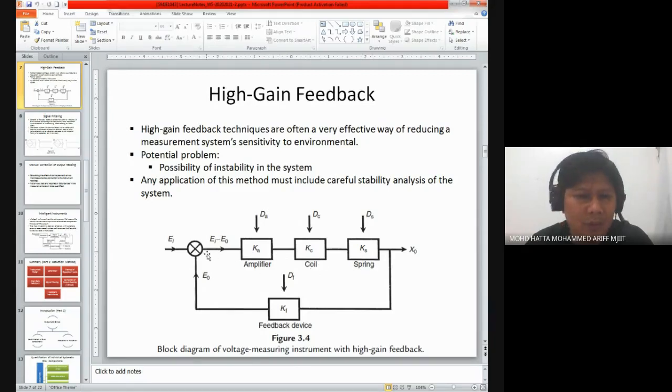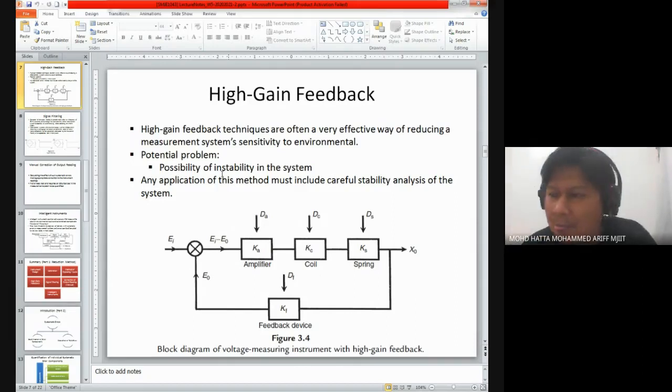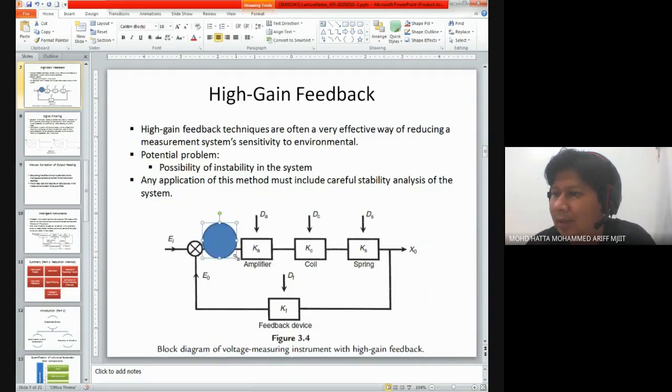What do we expect if we have an input over here? Maybe here is our input, and we would expect our output to be over here.